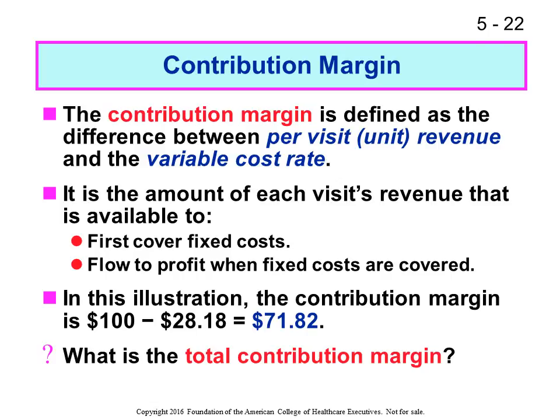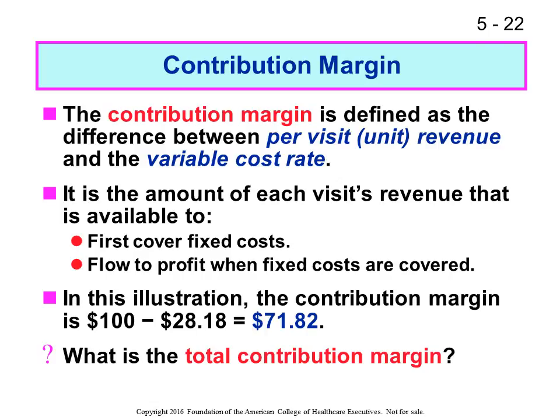$78.12. Okay? So that means with each visit that you have, you're going to have a contribution margin, which means that each patient may revenue you so much. Like for each patient, that patient's charges for the day may be $100. Okay?